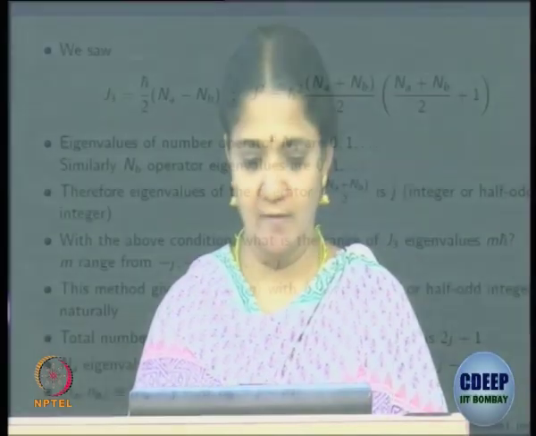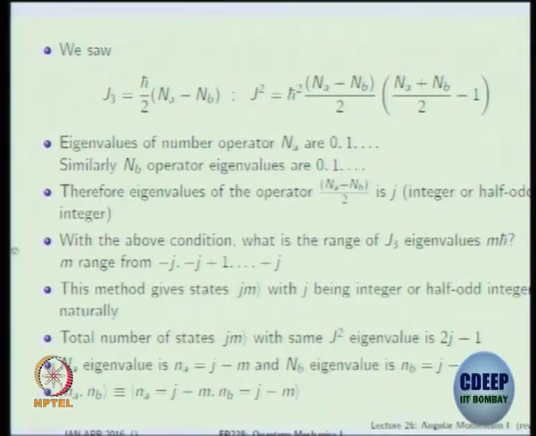So, formally, I would say that I can either use Na comma Nb, which is equivalent to Na is J plus M and Nb is J minus M, which I can formally write as J comma M. Either the state can be denoted by Na comma Nb, or I can denote the state by J comma M. That is no problem. The relation between Na and Nb to J and M is exactly this.